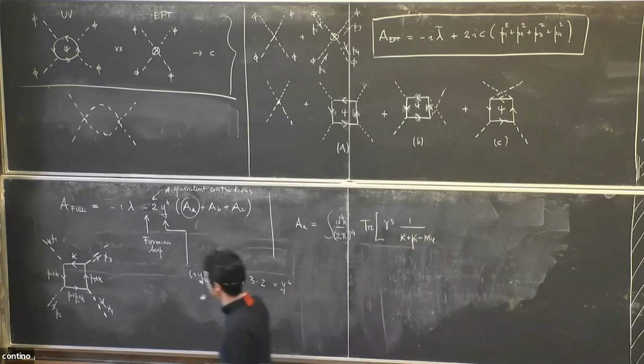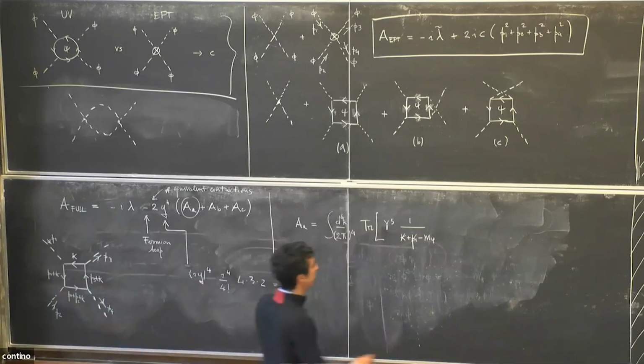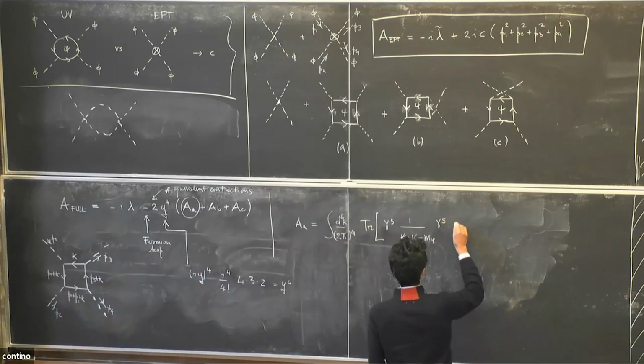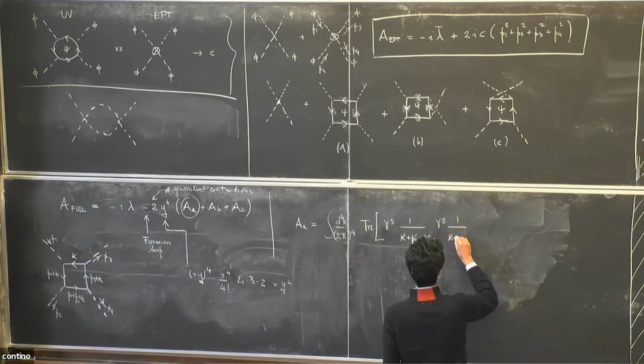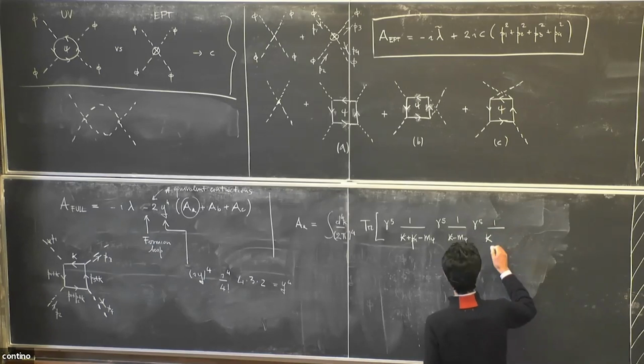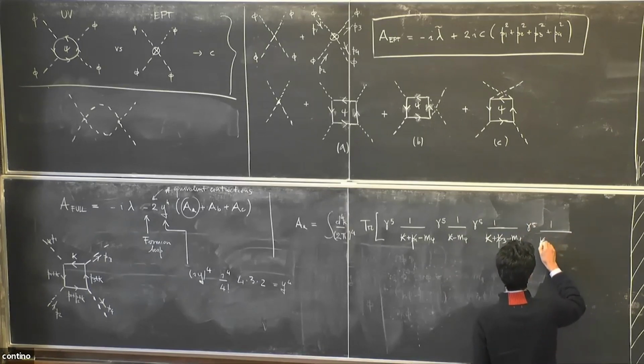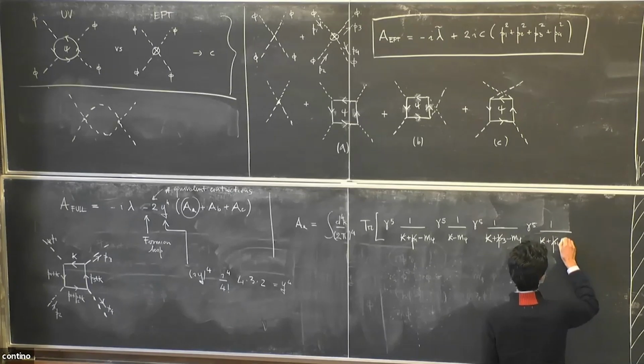I'm starting from here. Then there will be gamma 5, 1 over k slash minus M psi, gamma 5, 1 over k slash plus P3 slash minus M psi, gamma 5, 1 over k slash plus P1 slash plus P2 slash minus M psi.